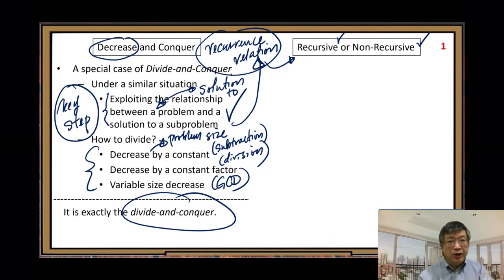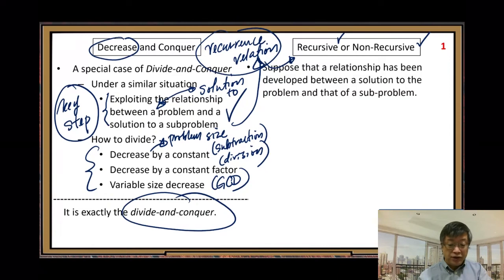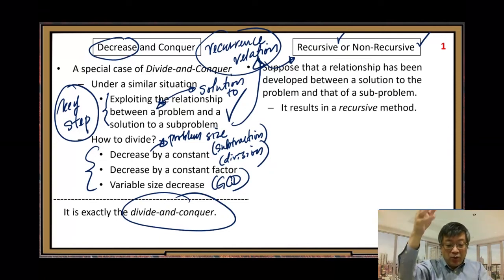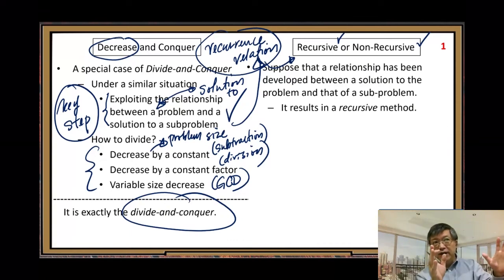But here I talk about a general case. Suppose that a relationship has been developed between a solution to the problem and that of the subproblem, a recurrence relation. It results in a recursive method. First, we do not need to do anything special. We just apply this formula.